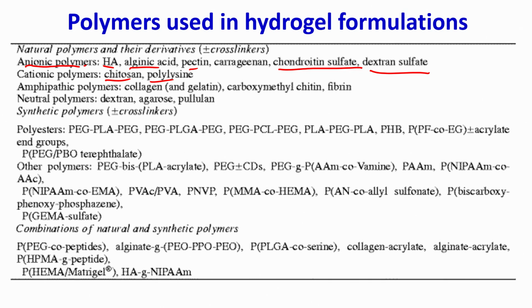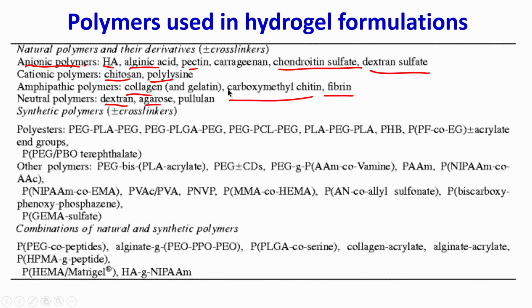Then you can have amphipathic polymers like collagen. So, these are not really charged, they have both charges, and essentially the charges are balancing themselves out. You can have fibrin, you can have CMC. Or there can be neutral natural polymers, these could be dextrans, these could be agarose and other molecules.